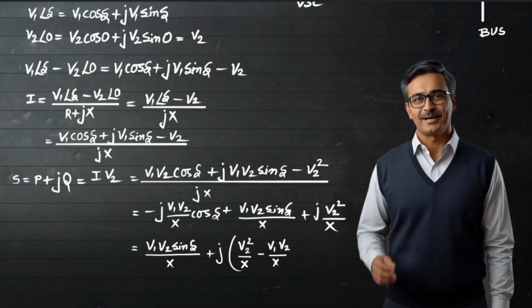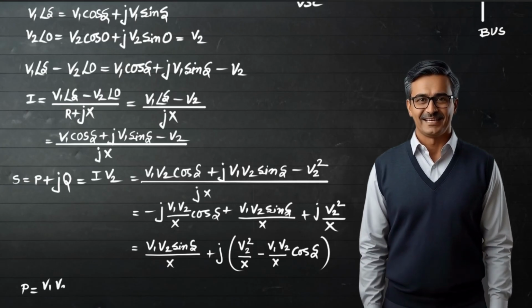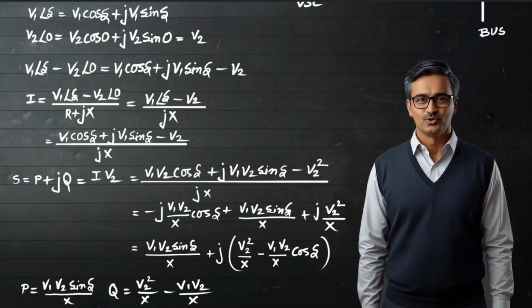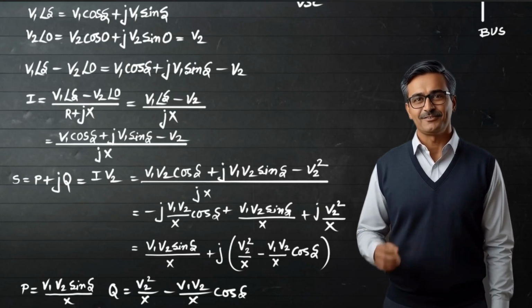After simplifying the expression, we get P equals V1 V2 by X into sine delta and Q equals V2 square by X minus V1 V2 by X into cosine delta. Here, P is the real power and Q is the reactive power.